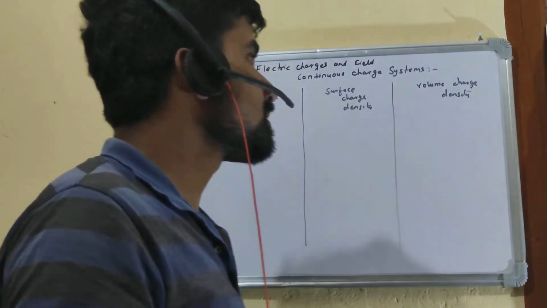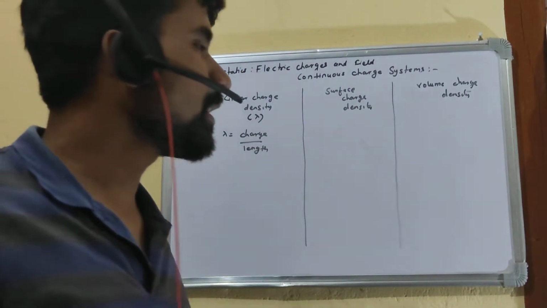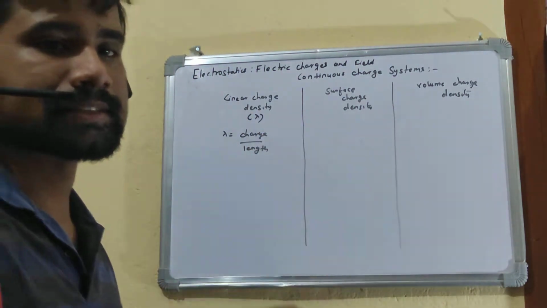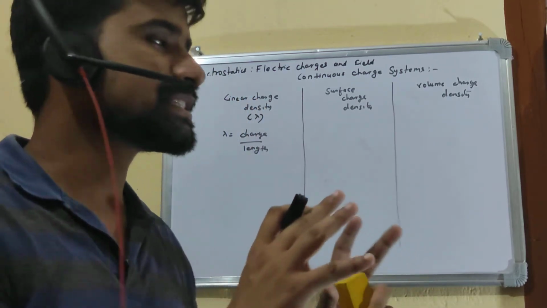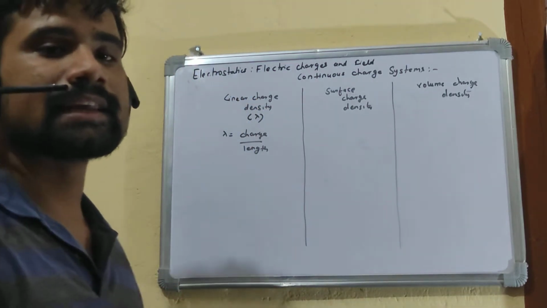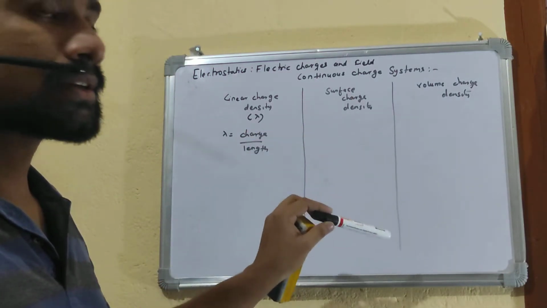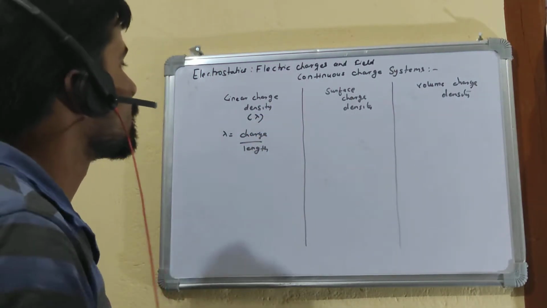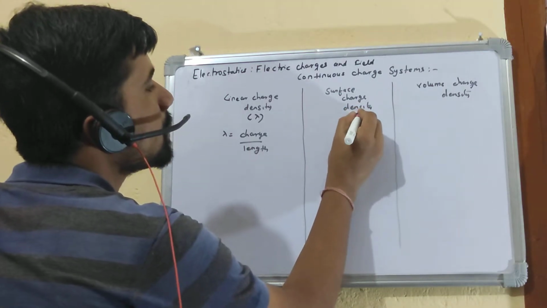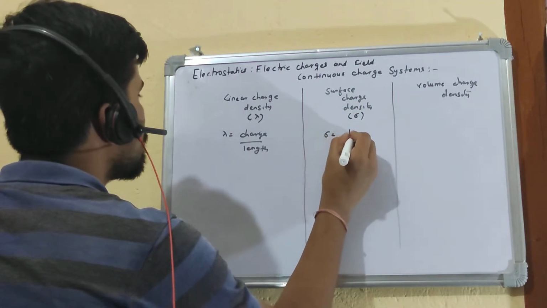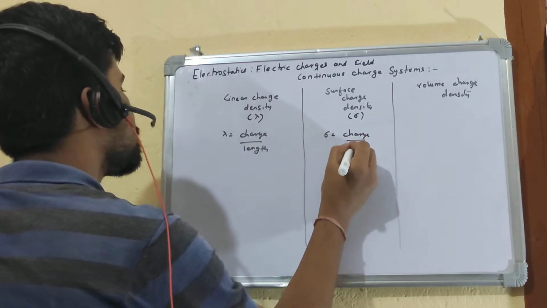So let's say the systems are something like a disk or sheets. In those kinds of systems, the charges will be distributed along its area, so the concerned charge density will be surface charge density, which is represented by sigma, and this sigma is given by charge by area, right?